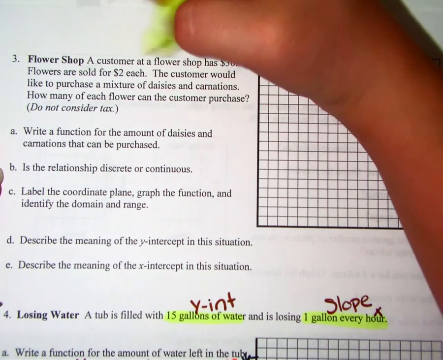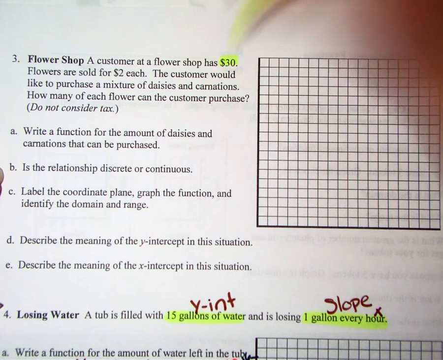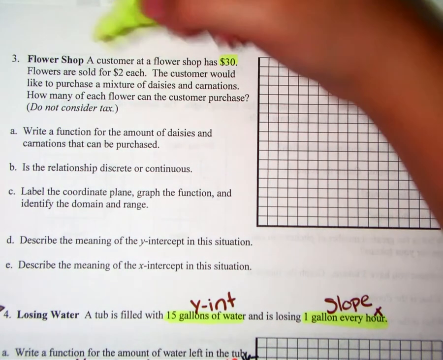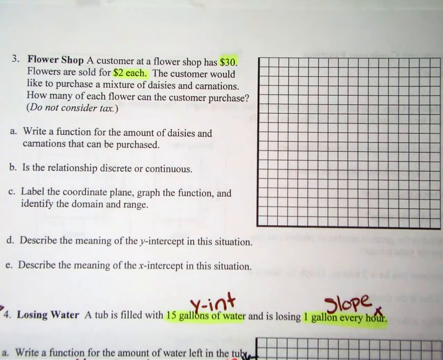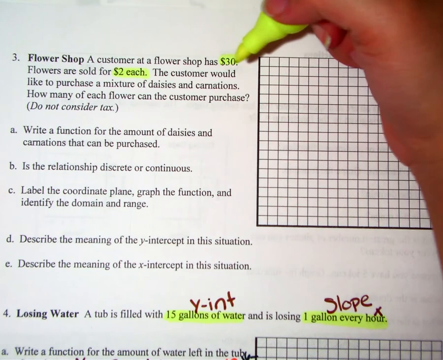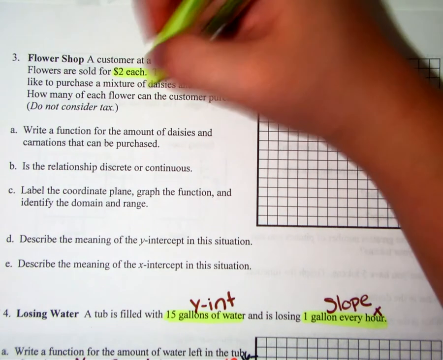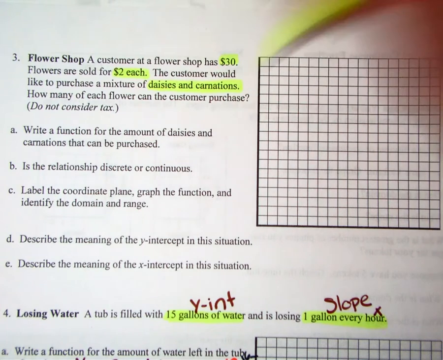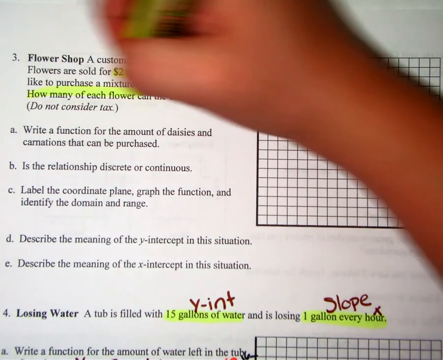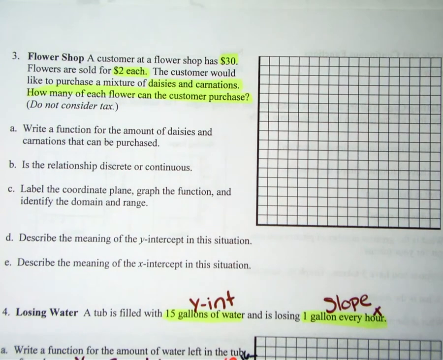A customer at a flower shop has $30, so that's the most that they can spend. Flowers are sold for $2 each, so no matter what type of flower it is, it's going to cost them $2. The customer would like to purchase a mixture of daisies and carnations.